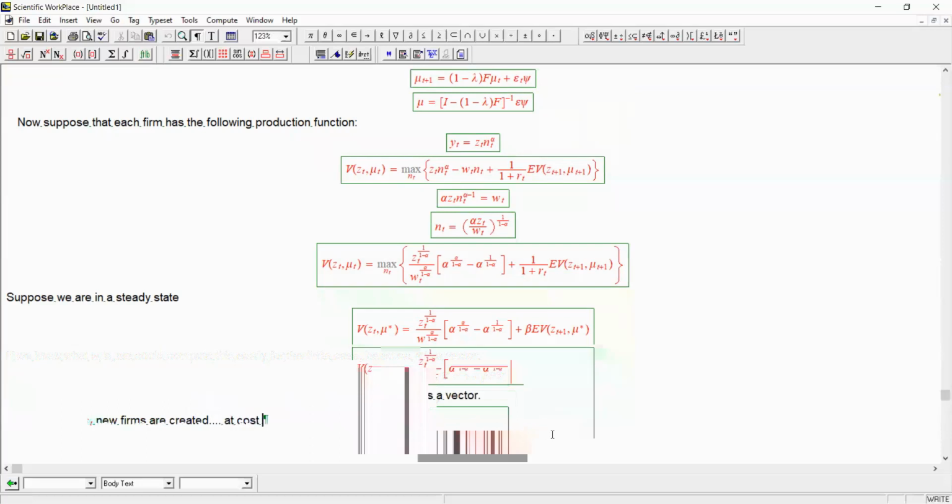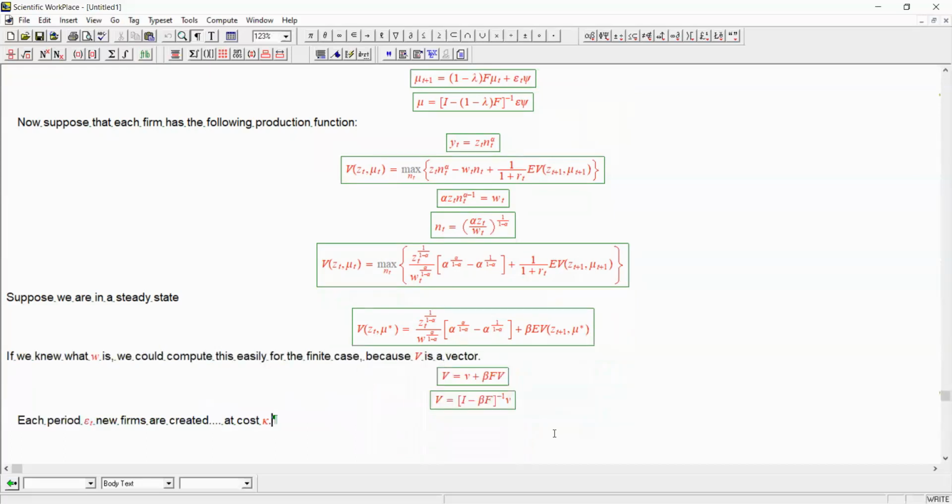At cost, let's think of a good name for the cost, kappa. So at cost kappa, you can create a new firm, or the households can create a new firm. Kappa is in this case determined in units of the final good, which all of these firms make, producing them and selling in a competitive market, or again, you may be solving the planner's problem. Either way is fine.